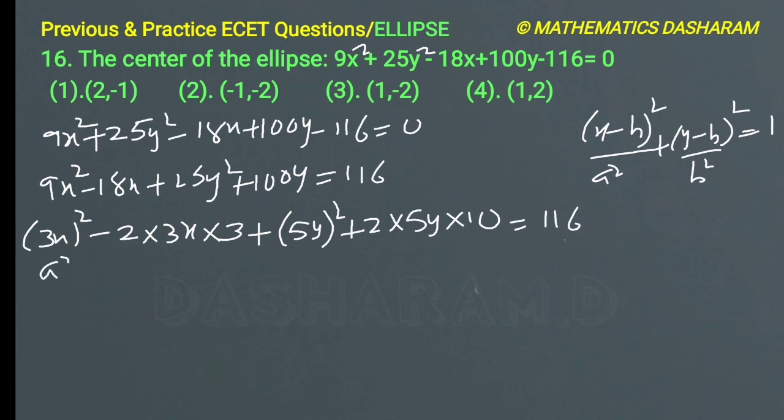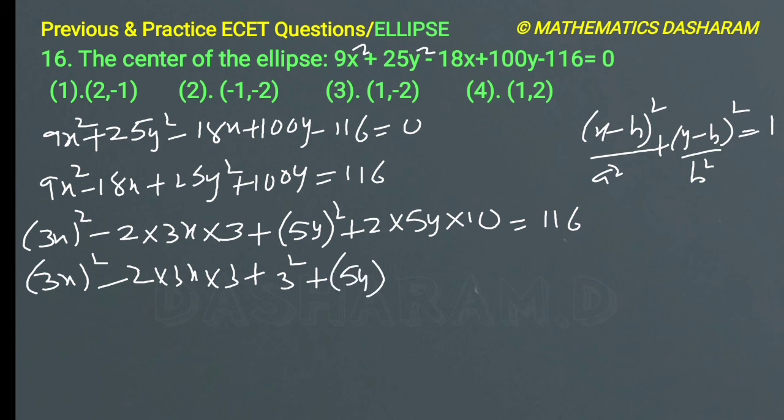Now this is a square minus 2ab. Next we need b square. Here also a square plus 2ab. Next we need b square. So let us add our required terms on both sides. Here 3x whole square minus 2 into 3x into 3. b square means what? 3 square. Next 5y whole square plus 2 into 5y into 10.